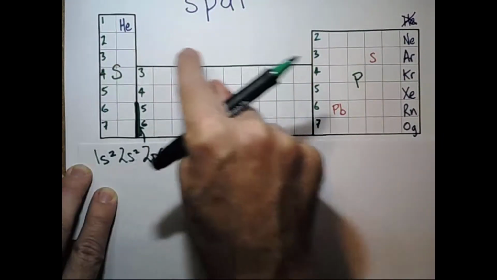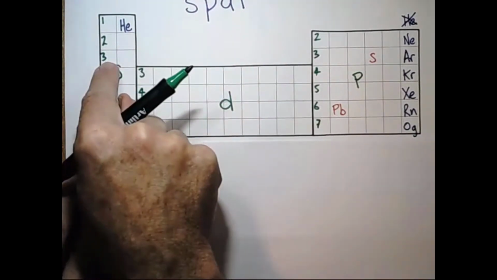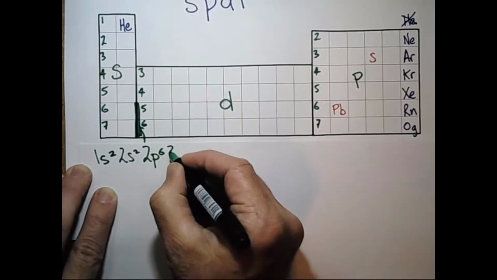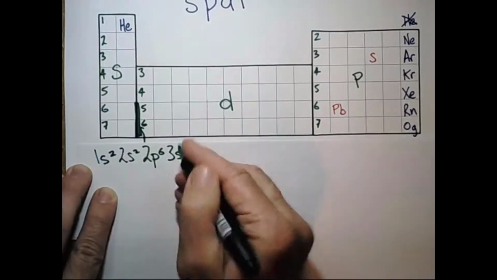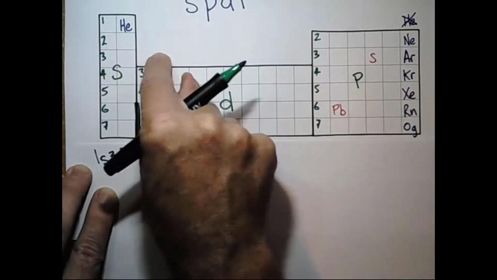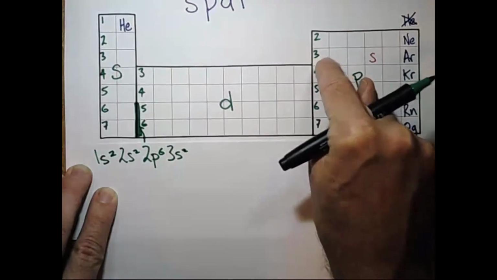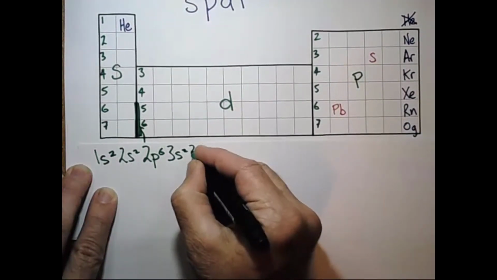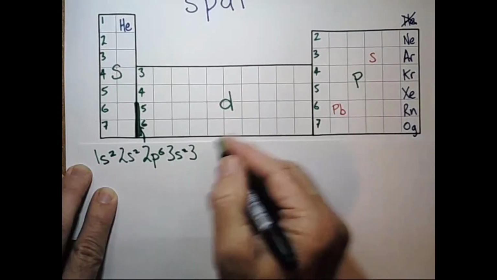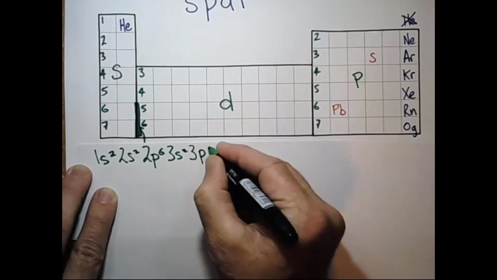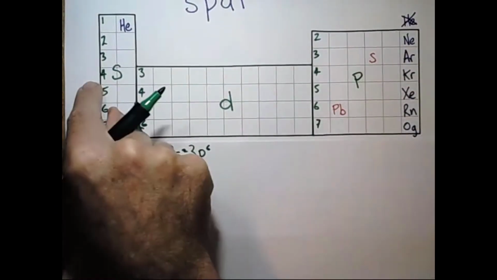Then we come across to our next period, and we're in our third shell, s subshell there, 2 electrons. We're still above that d block, so the next block that we encounter again is our p block, and it's going to be 3p. There's 6 of them, so we keep going.